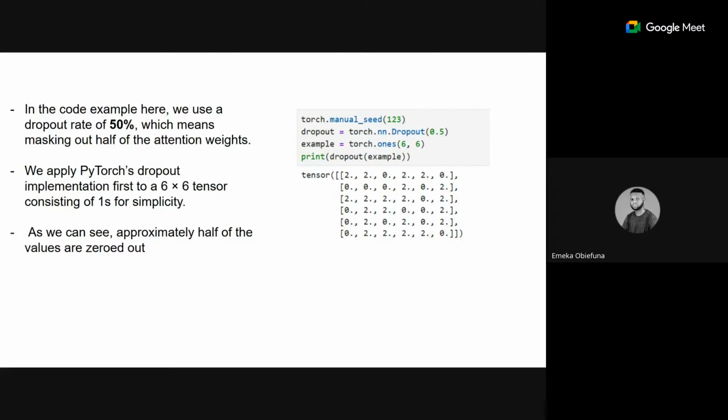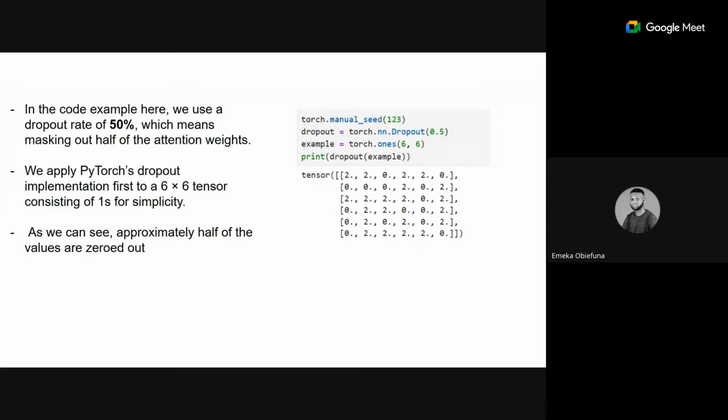We are going to use a very simple example to understand how this works. I added this very little code here. We are going to use a dropout rate of 50%, that's 0.5, which means that half of the attention weights that we have are going to be ignored or dropped.